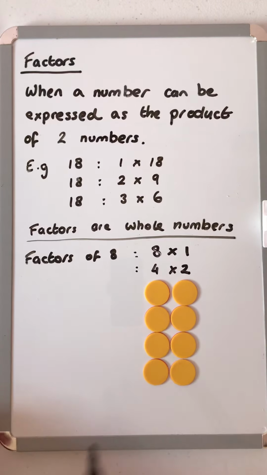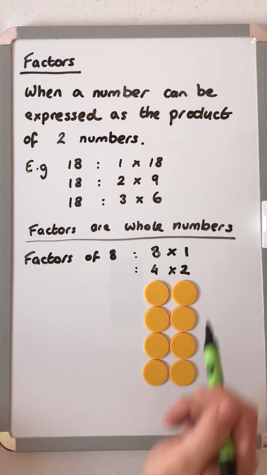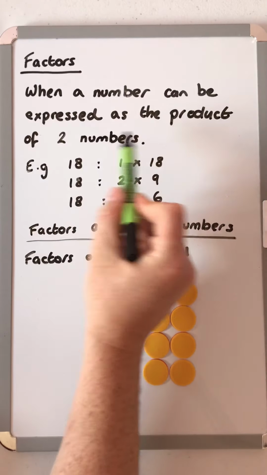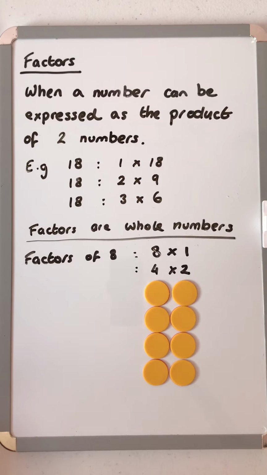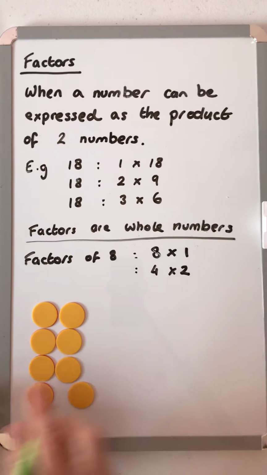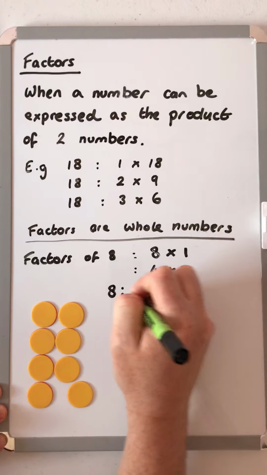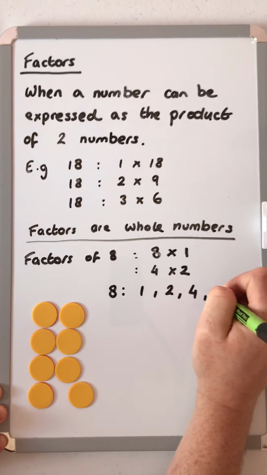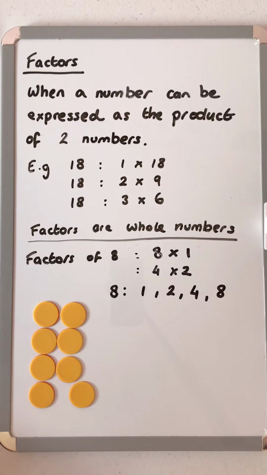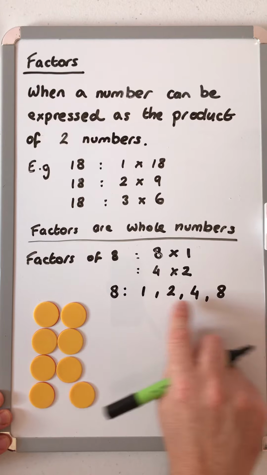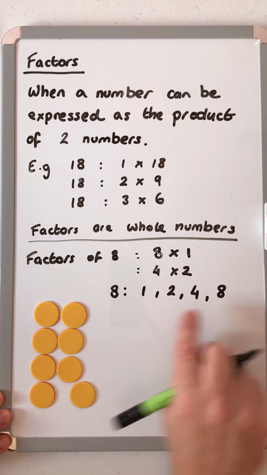Now 2 times 4 are the same whole numbers as 4 times 2, so we wouldn't duplicate that. So there you have it. The factors of 8 are 1, 2, 4 and 8, written in ascending order, the smallest to the largest.